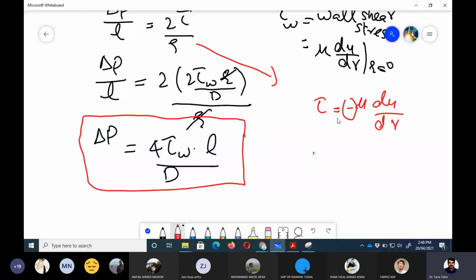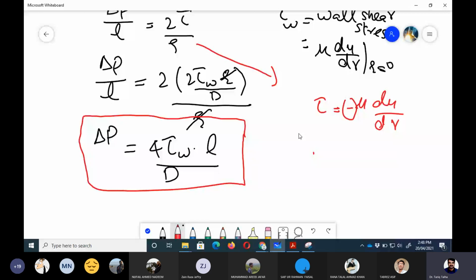So now we can relate tau with velocity, and then we can also relate tau omega and delta P with tau. After that we need to do a little bit of integration, and those steps we will complete in the next class.